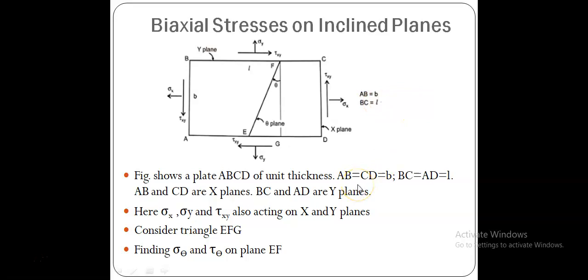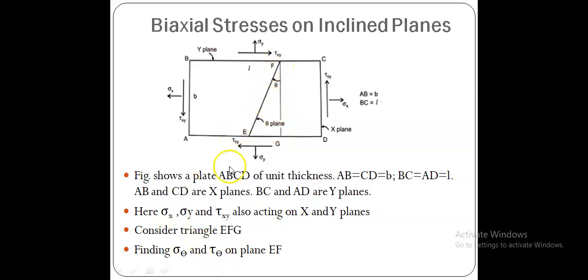Next, let us take sigma x, sigma y and tau xy acting on the x and y planes. Then our aim is to find sigma theta and tau theta on this inclined plane EF. For that, consider this triangle EFG.